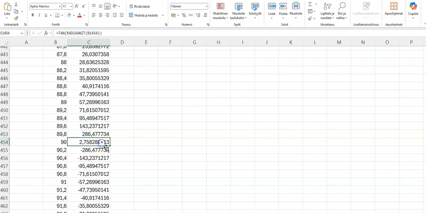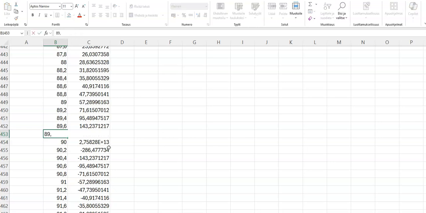And this is actually the reason why Excel draws the vertical line in the picture, even though the tangent is actually not defined at the place where the angle is 90 degrees. But if I change a little bit, I can type here an angle which is very near 90 degrees.